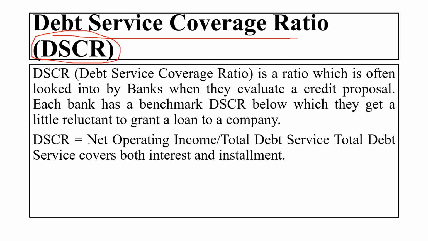Each bank has a benchmark DSCR below which they have little inclination to grant a loan to the company. So this ratio is used by the bank and not the company, and the formula for this is net operating income divided by total debt services. Total debt services cover both the interest and installments.